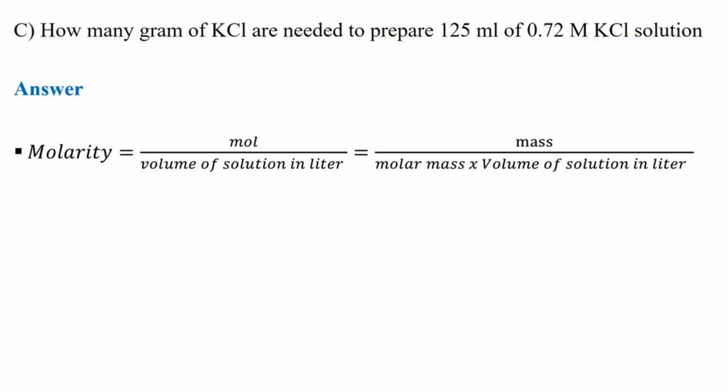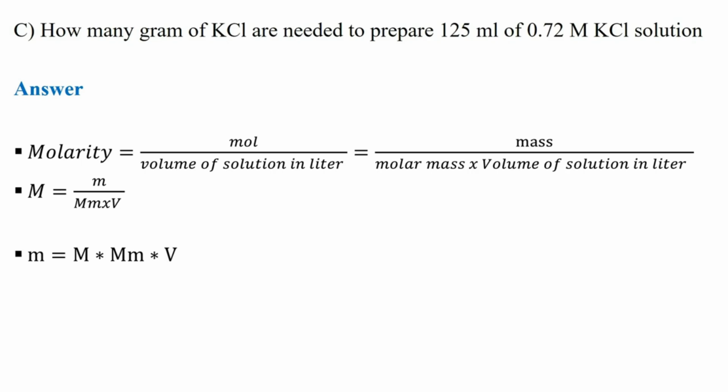So by replacing the value of moles, we obtain the molarity is equal to the mass divided by molar mass times the volume of solution in liter. Then from this formula, you can rearrange and find the formula for the mass. We will have a mass equal to the molarity times the molar mass times the volume.